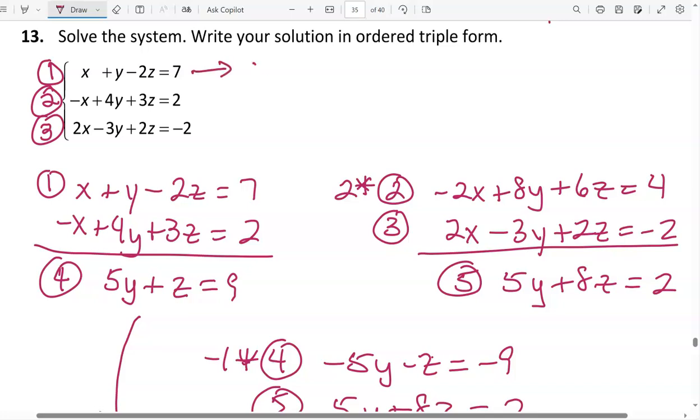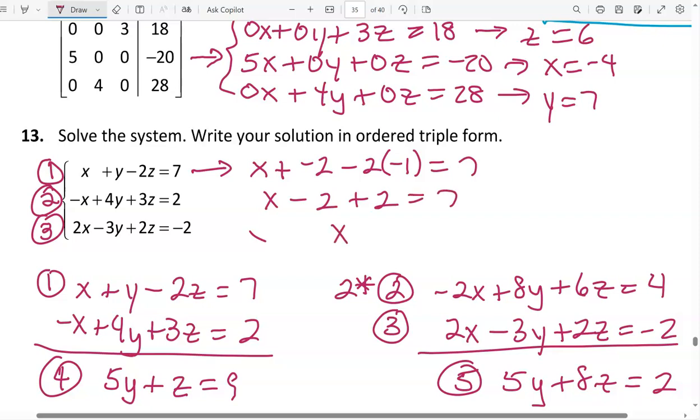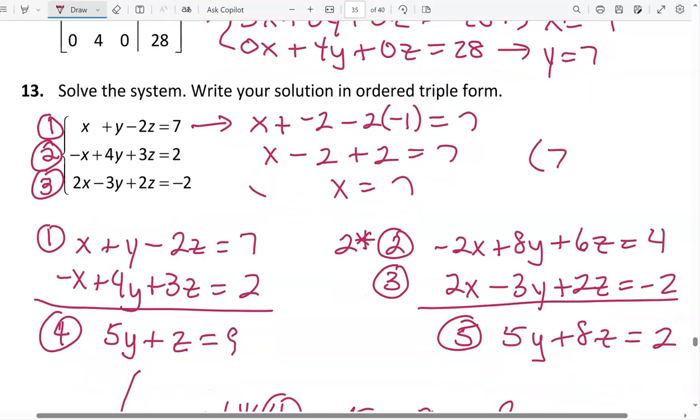I'll just pick number 1, and we're replacing y with 2 and z with negative 1. So that's x minus 2 plus 2 is equal to 7, and that's going to give us an x equal to 7 when we simplify. So in ordered triple form, our solution is 7, comma, 2, comma, negative 1.